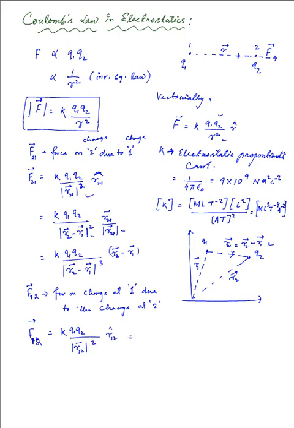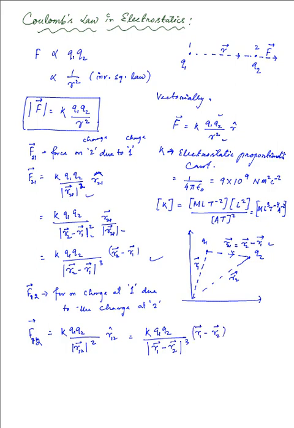Or if we are to write the final expression like this, then we'll have K Q1 Q2, and R12 will therefore be exactly the other way around, that is R1 minus R2 over |R1 minus R2| cube, and this is R1 minus R2 as well.